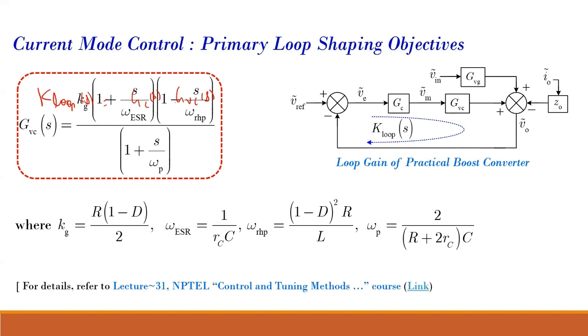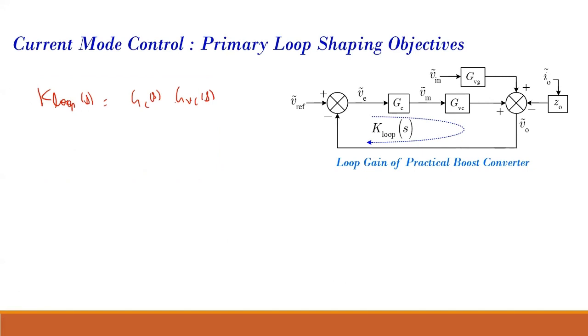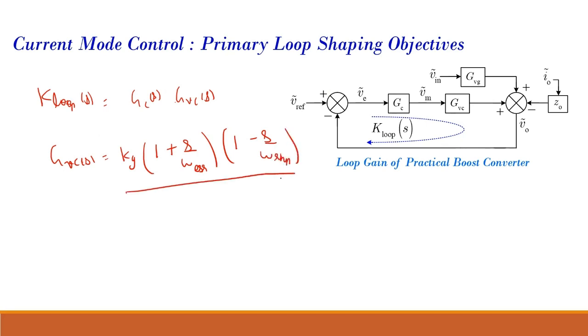And we know one more thing. Gvc of s is equal to Kg times (1 plus s upon omega ESR) into (1 minus s upon omega RHP), divided by (1 plus s upon omega P).